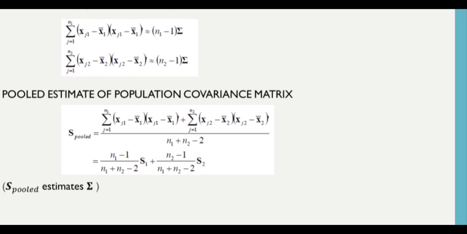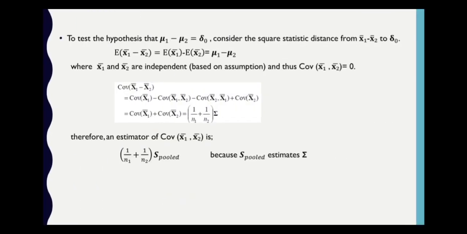We have the common covariance. Okay, let's see the method. The steps are the same. First of all, there must be a hypothesis, and then a test statistic, and then a decision. Okay, and then the conclusion.